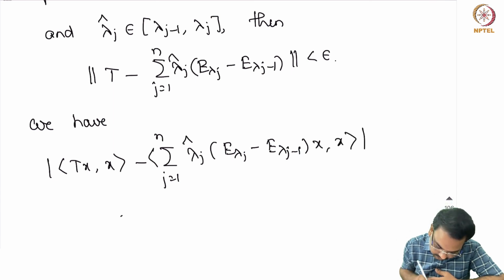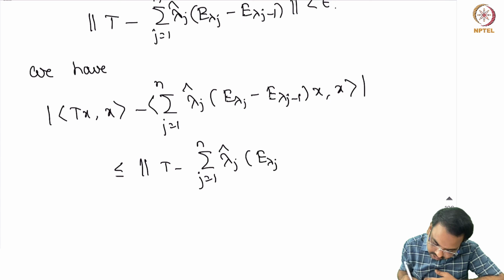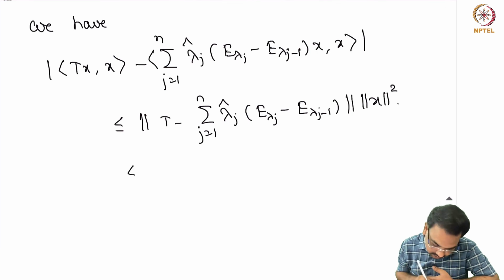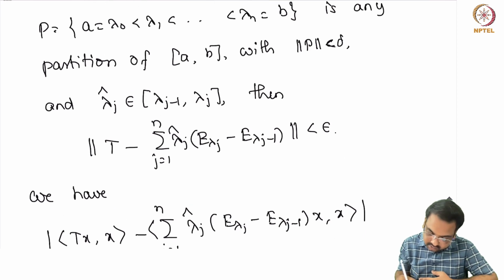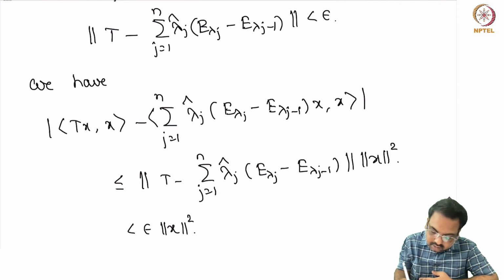Now this is less than or equal to the norm of T minus the summation, times norm x squared. Since x is fixed, this is less than epsilon times norm x squared. We can take this to be epsilon by norm x squared, because x is fixed. Then we can make this less than epsilon.